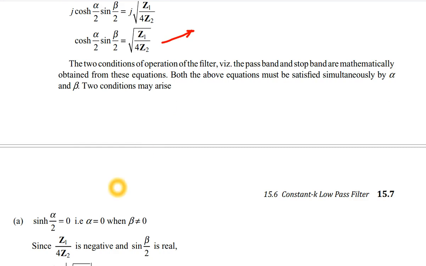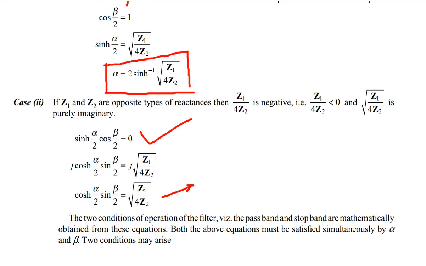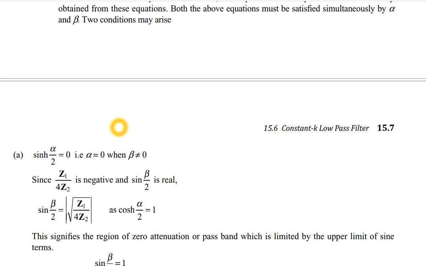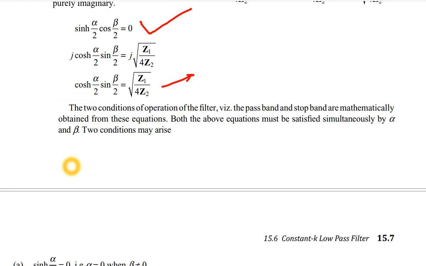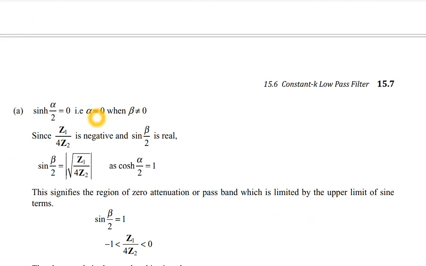Now, if you see here, there is some attenuation. So sinh alpha by 2 equals 0, right? When sinh alpha by 2 is equal to 0 from case 2, alpha must be equal to 0 when beta is not equal to 0.